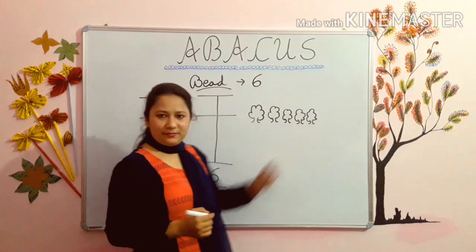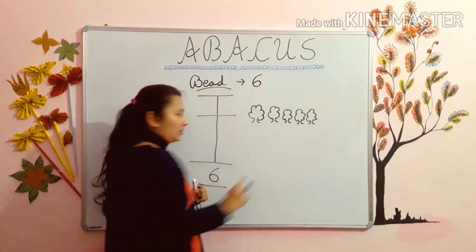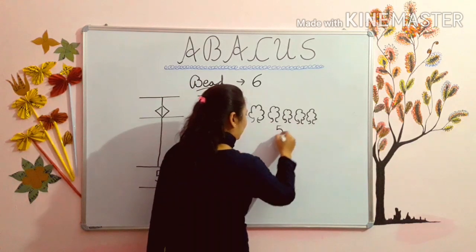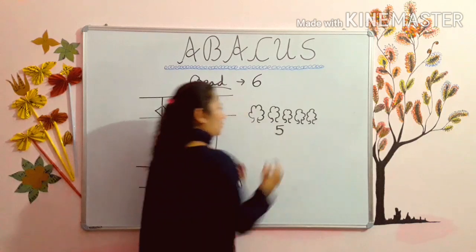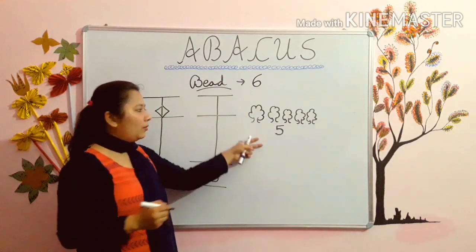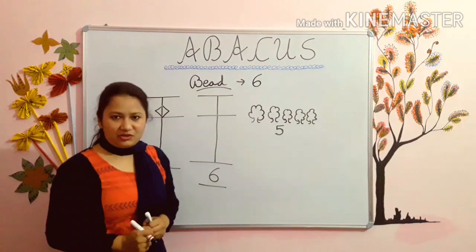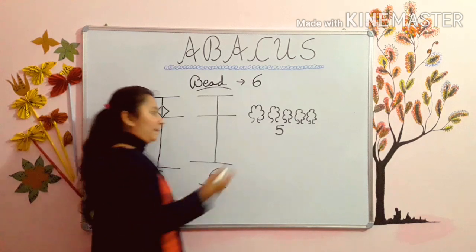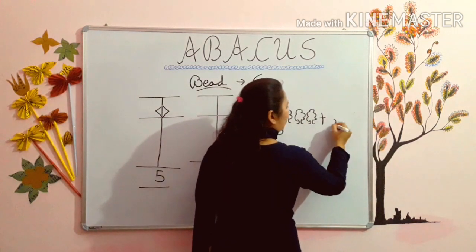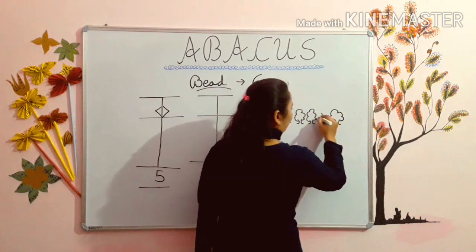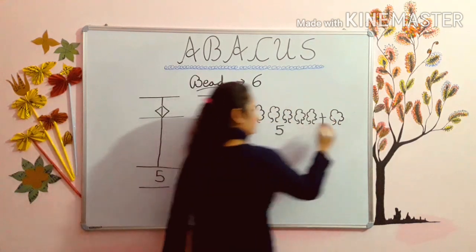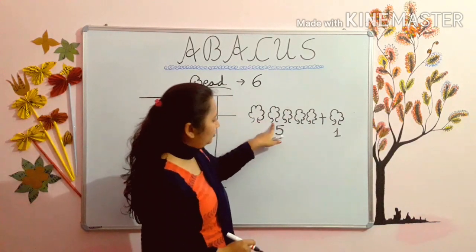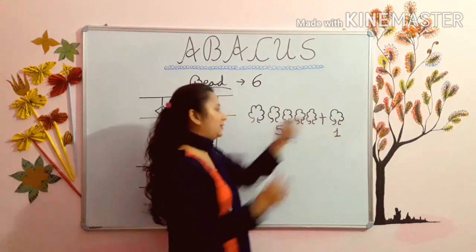How many trees are there? Count. 1, 2, 3, 4, 5. Okay. Now I want 6. I want 6 trees. So how many more trees do I want? 1 tree more. And now it is, see, 1, 2, 3, 4, 5, 6.